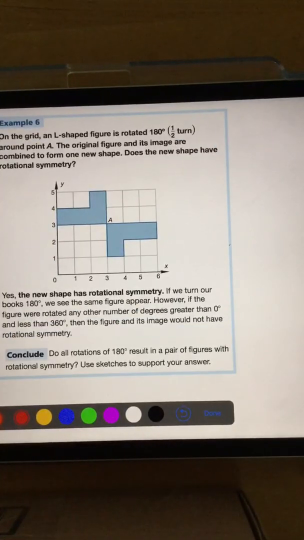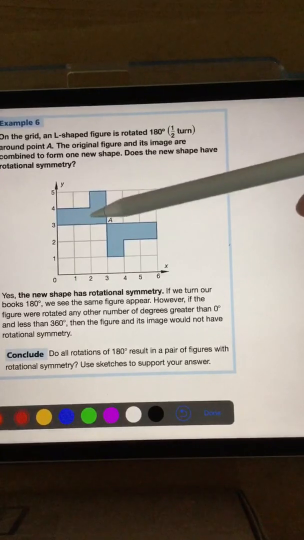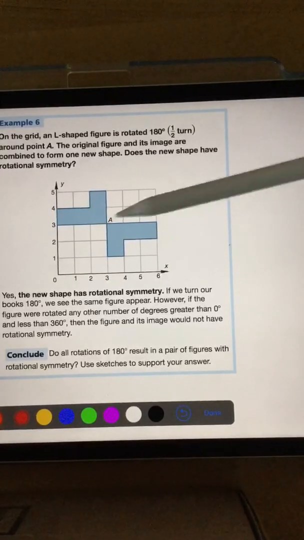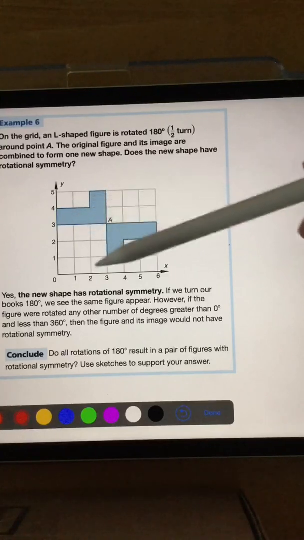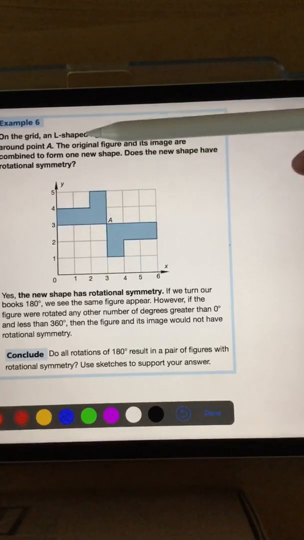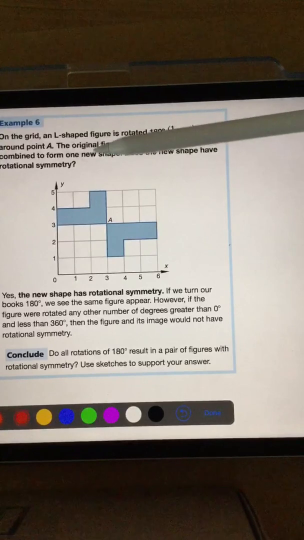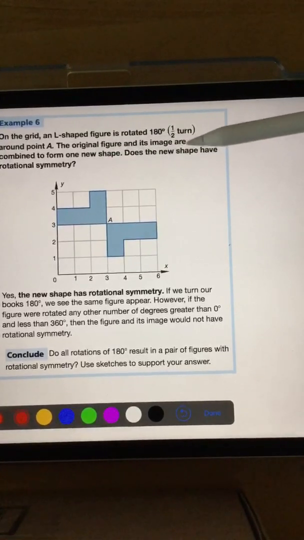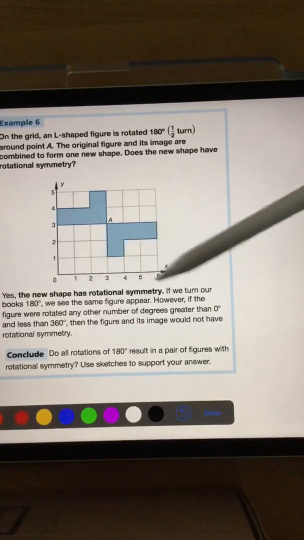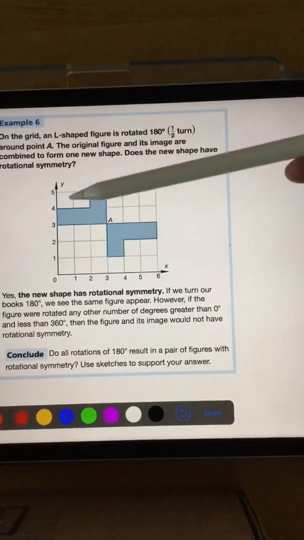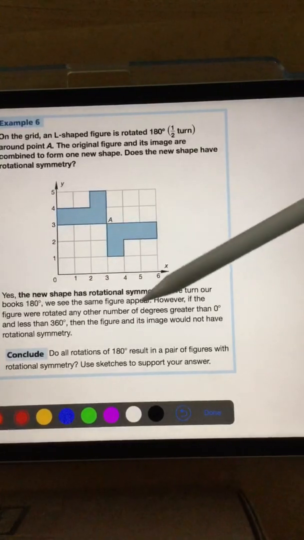Now, example 6. On a grid, an L-shaped figure is rotated 180 degrees. So the original figure and its image are combined to form one new shape. Does the new shape have rotational symmetry? Yes, the new shape has rotational symmetry if you turn the book 180 degrees and see the same figure appear.